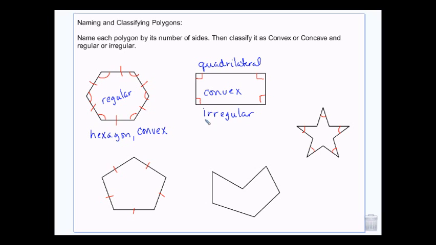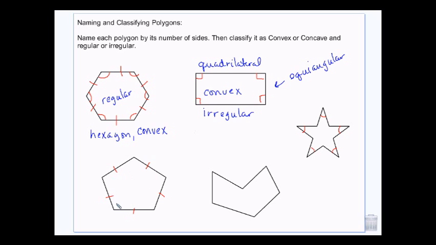A square is regular, yes. But because these 2 sides are longer than these 2 sides, we're irregular. We are, however, equiangular, even though we're not equilateral.